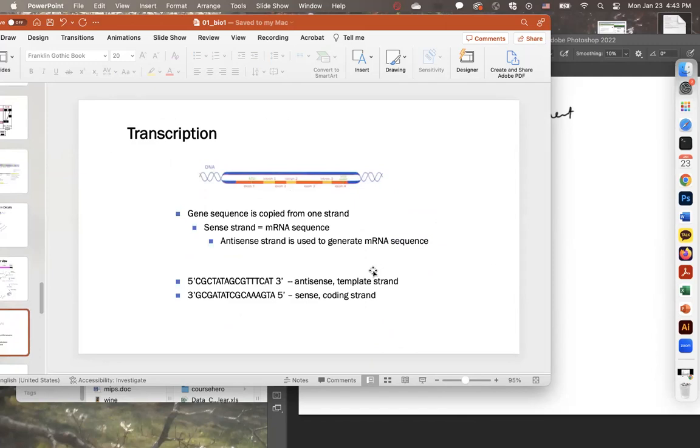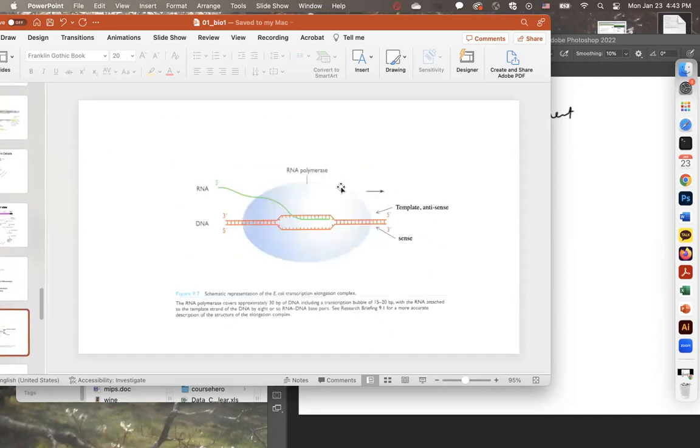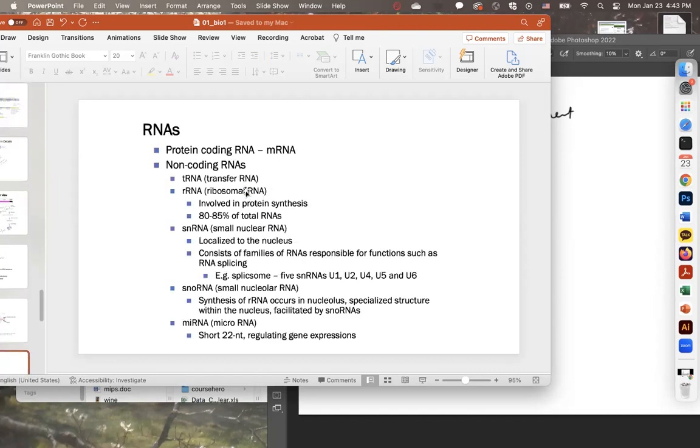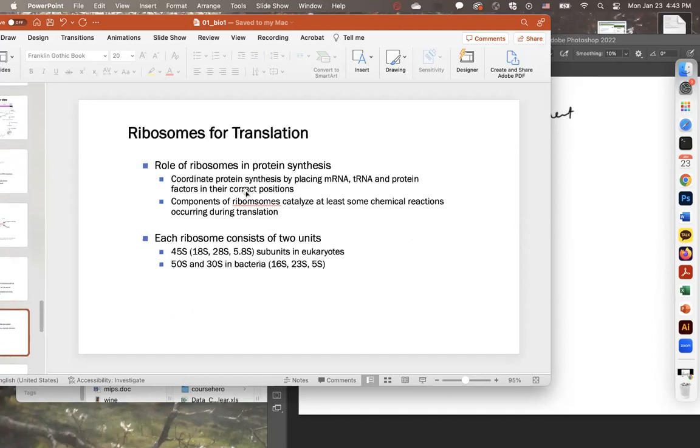So the transcription is done again by copying from the opposite strand of the gene where the gene is contained. And as you do, you need to first split the double strands. The splitting is done by the RNA polymerase. So it cuts it open.